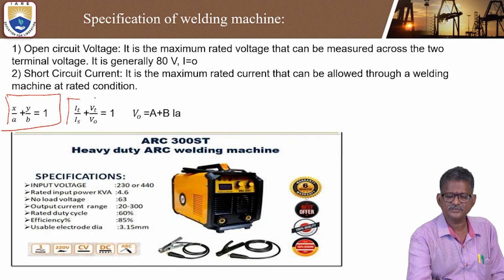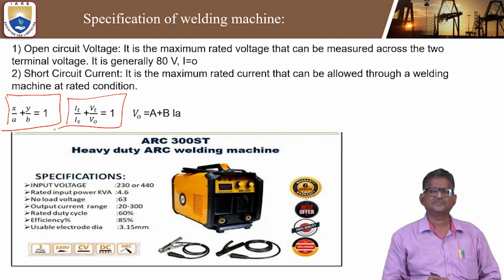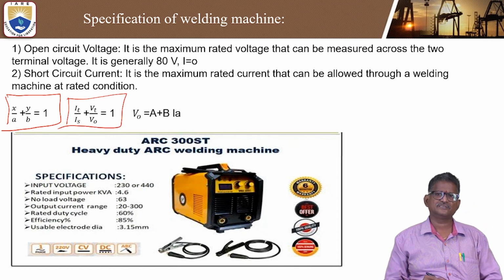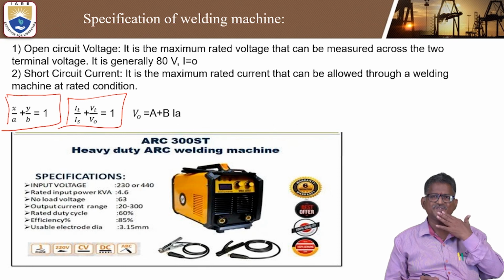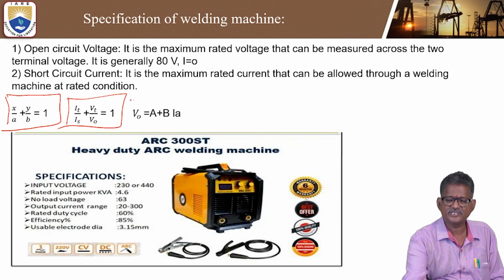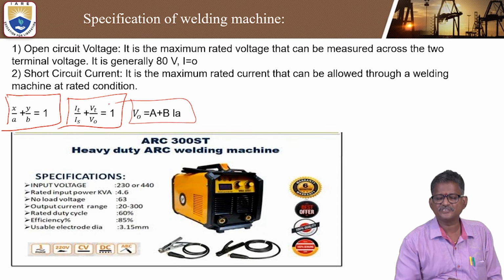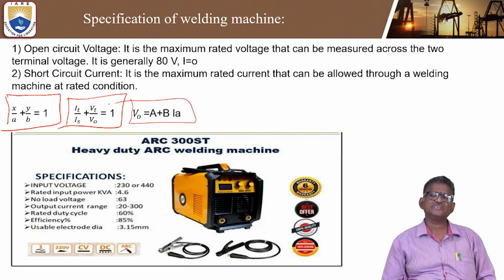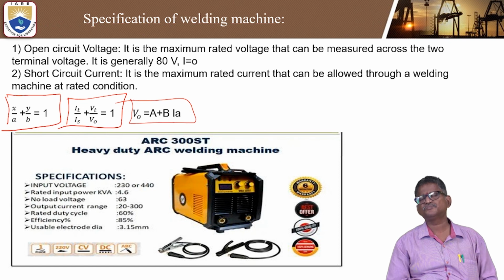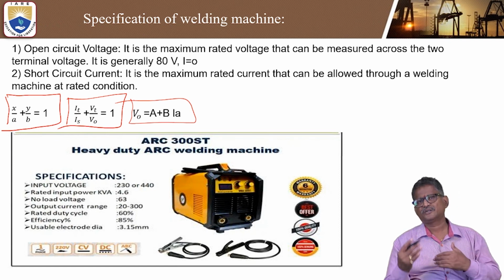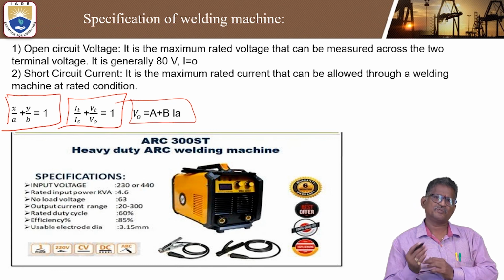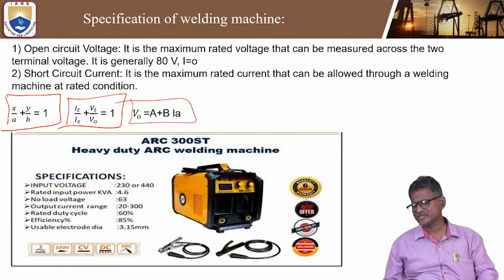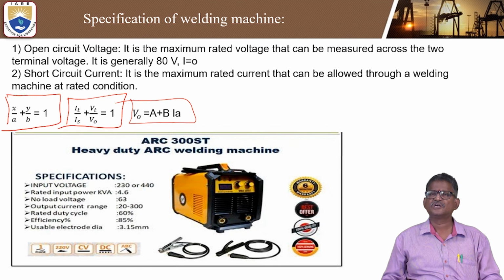And this is also I_T by I_S plus V_T by V_O equal to 1. And the general relation is V equals open circuit voltage minus a slope times current. These simple formulas are used to determine the open circuit voltage and short circuit current. Many times these types of questions may be asked in the GATE examination.